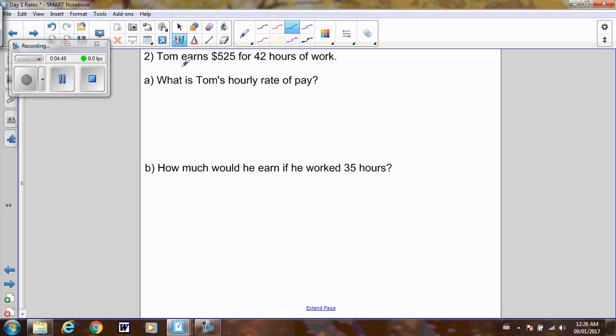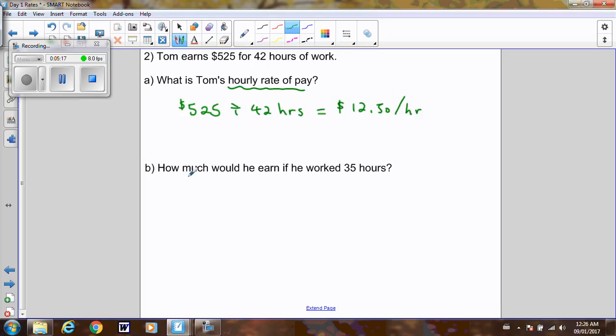It says Tom earns $525 for 42 hours of work. What is Tom's hourly rate of pay? Again, we do $525 divided by 42 hours of work, and if you type that into your calculator, you get $12.50 per hour.